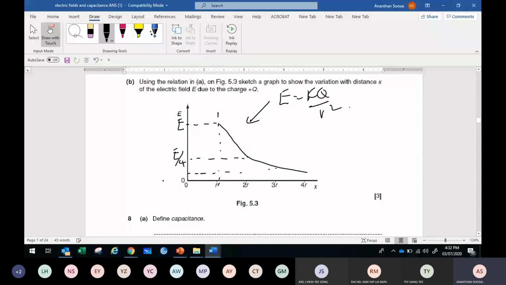E over 9. In the exam, they will check that, how much it drops. At 2r it drops a lot, then at 3r it drops a little, and at 4r even less. So be careful with that. Yeah, it's a curve. Inside the sphere, the electric field strength must be 0. So this is the graph.